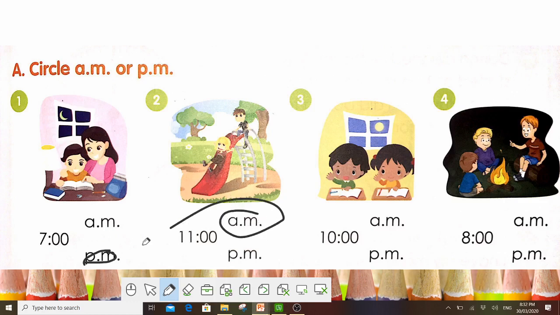Good job. a.m. 11 p.m. at the night. 10, they are in the school. Good job. 10 a.m. 8, they are camping at the night. At the night time. So p.m. Good job.